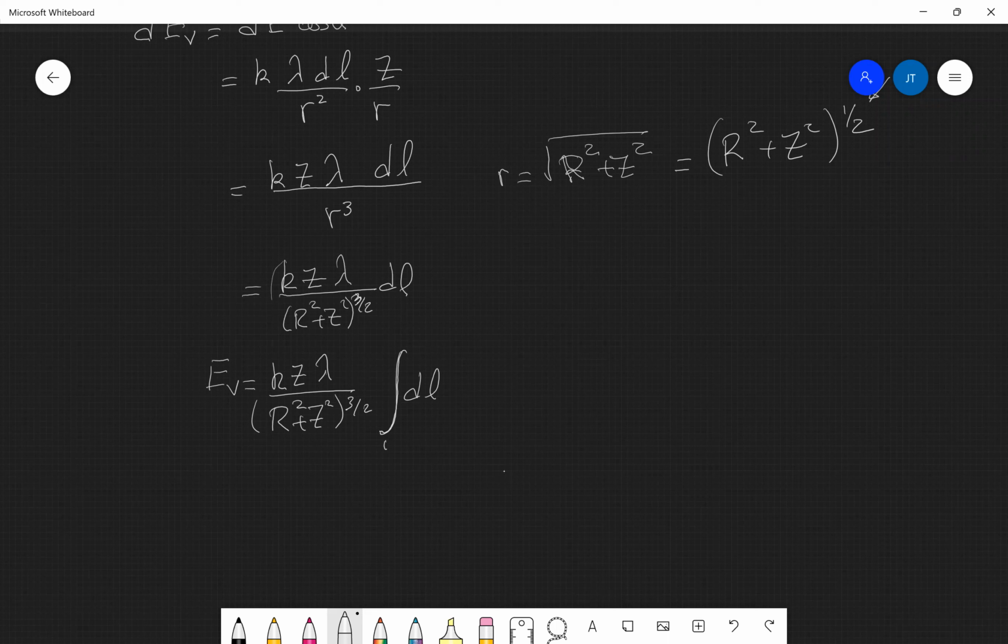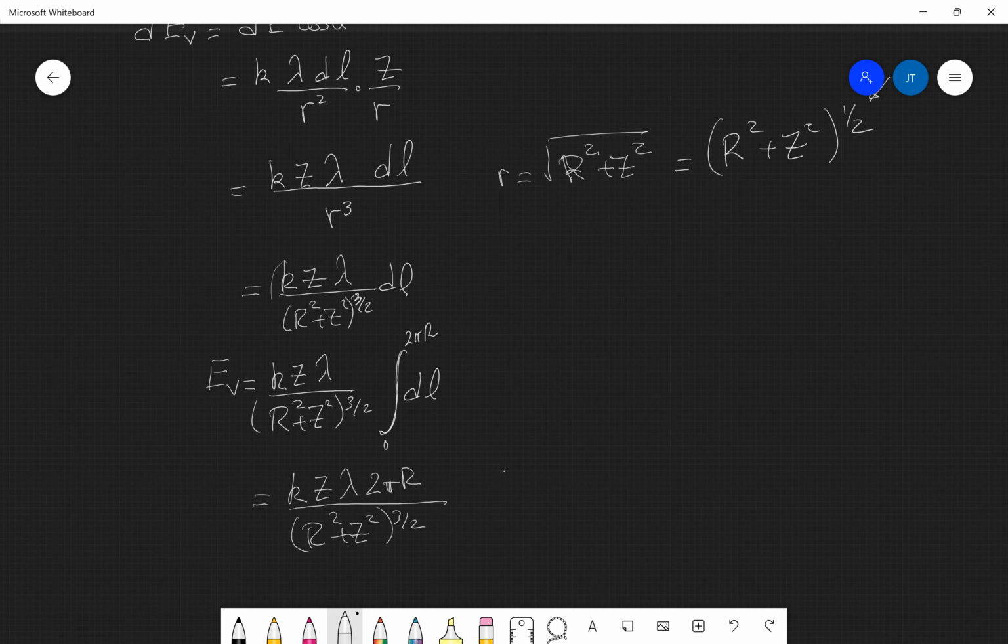We can put it here from 0 to 2 pi r if you like, but since we're going a full circle, these limits are not needed. I know when I add up all the little lengths across the circumference of a circle, I'm going to get the circumference of the circle. So this is going to be kz lambda 2 pi r over (r squared plus z squared) to the 3/2 power.